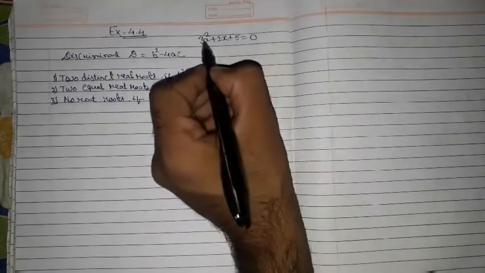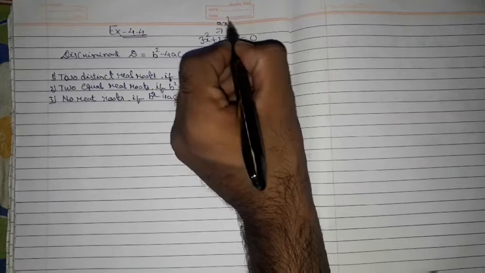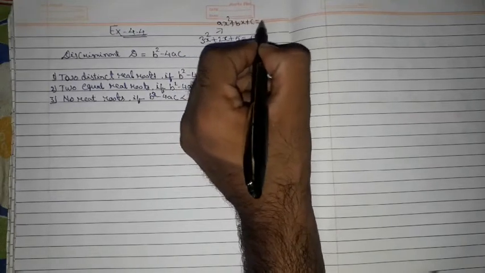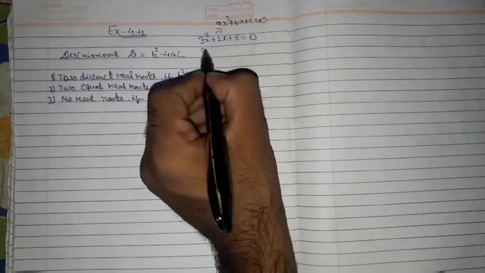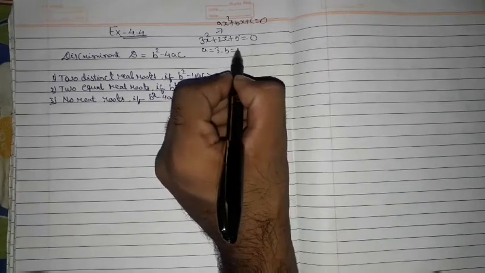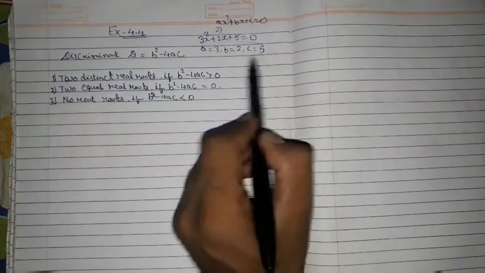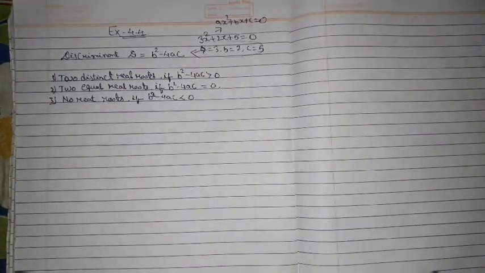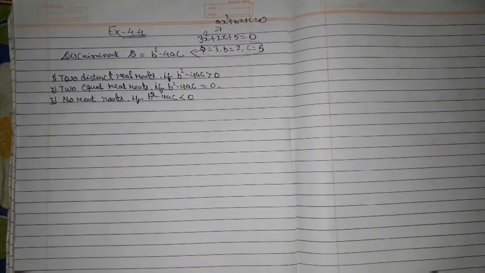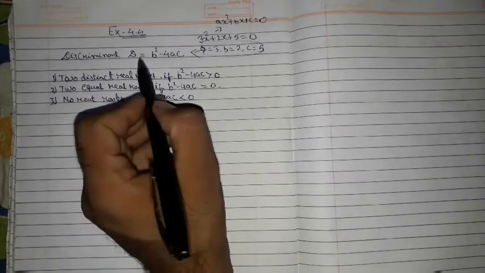First of all, we compare this equation with the standard equation ax square plus bx plus c equals 0 and find the values of a, b, c. So a would be 3, b would be 2, and c would be 5. Then we put these values in the formula of discriminant b square minus 4ac and find the value of D.